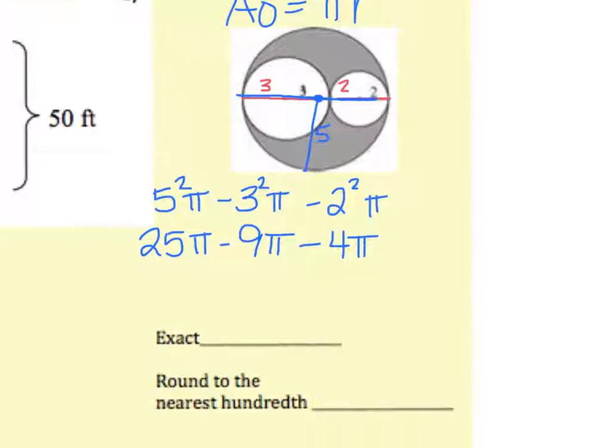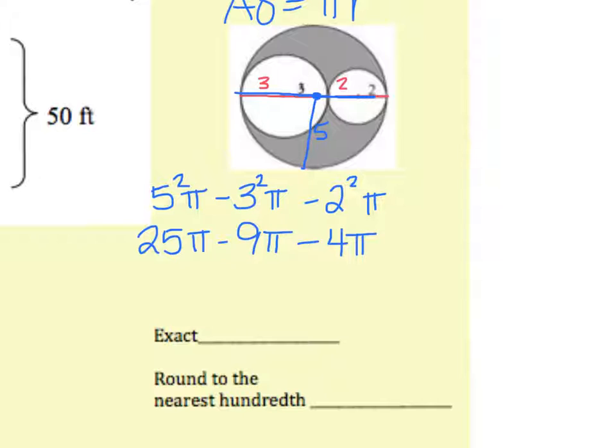For the exact answer, we're just going to take 25 minus 9 minus 4, and that's going to give us 12. We ignored the pi's just like we would ignore x's if we were subtracting 25x minus 9x minus 4x. We're going to do the same thing as if it was pi's. So our exact answer is going to be 12 pi. And then this is just going to be units squared since it's area.